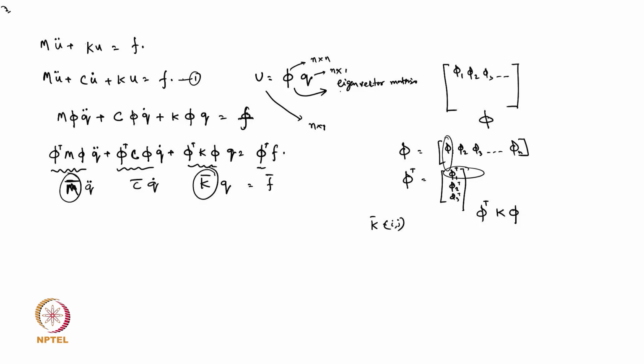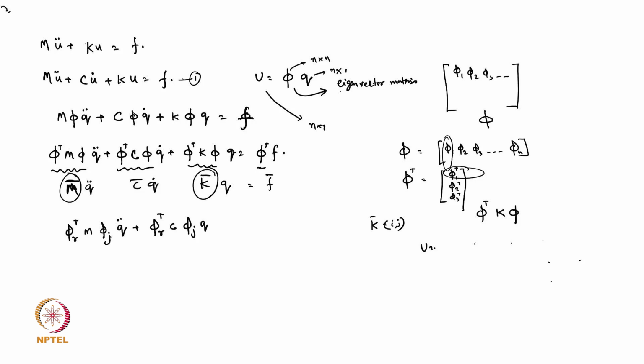So once we have phi transpose, we can also go the other way. What happens if we do phi r transpose M phi j with q double dot plus phi r transpose C phi j q. Now here is one important thing I have to tell.